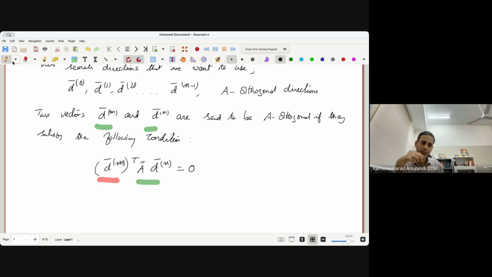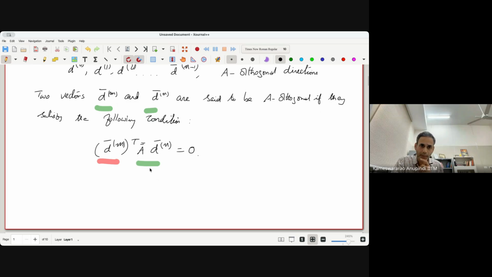If it were just orthogonal, this would have been dm transpose dn equal to 0, just like we had Rn plus 1 transpose Rn equal to 0 in the case of steepest descent method. Whereas here we are looking at A orthogonal directions. Now, if we can find such directions, then we can calculate our new value for phi as follows.